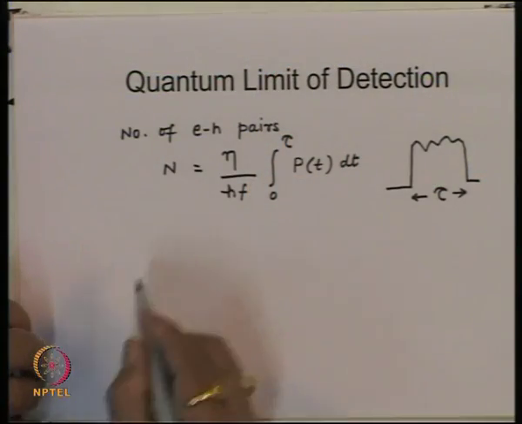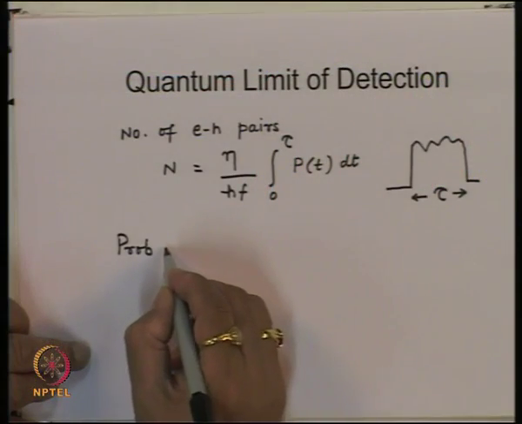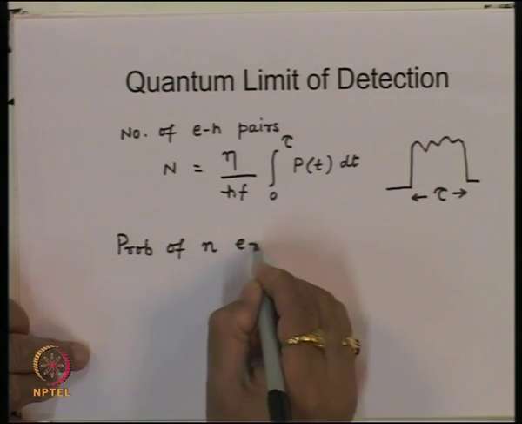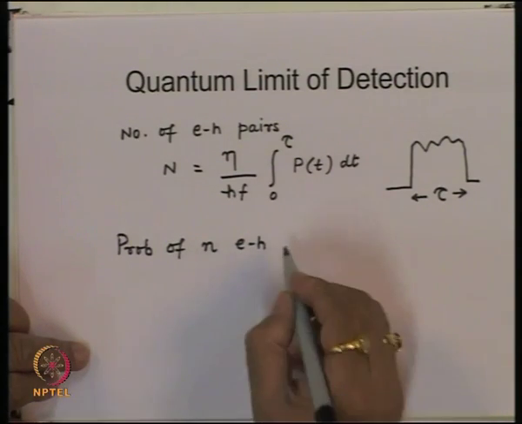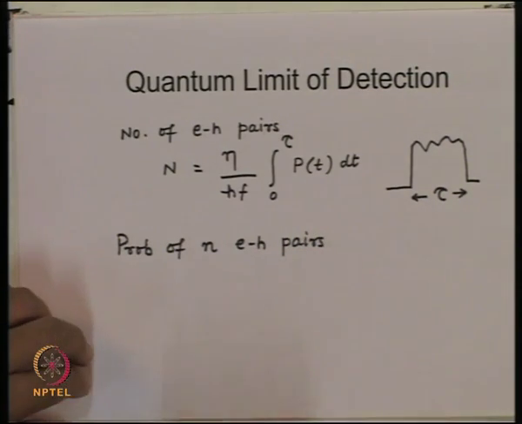So, the probability function for the Poisson distribution is given as follows. You have a probability of small n EH pairs generated during certain time.